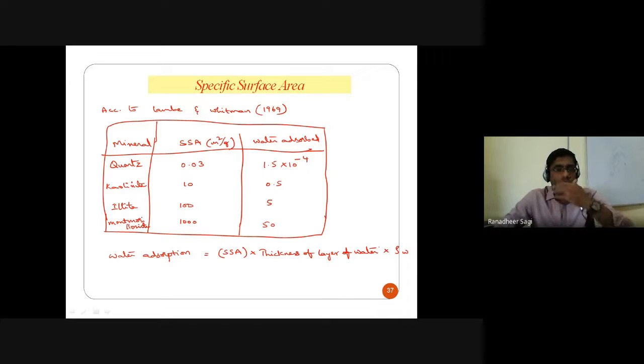So that's how you can go on to calculate the water that is getting absorbed by that particular mineral, and based on the specific surface area of that mineral, you can accordingly calculate how much is the water absorption capacity of that particular mineral.